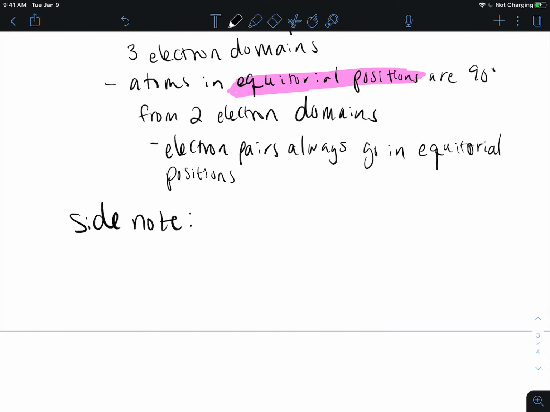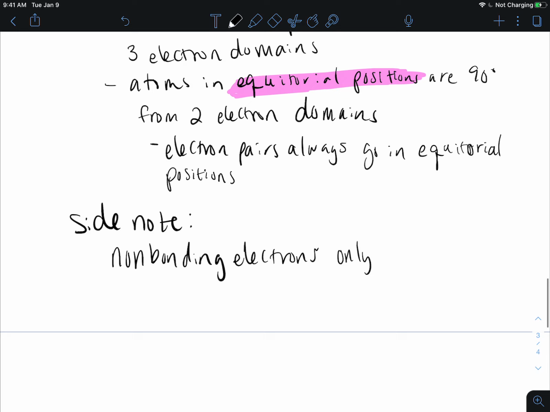So non-bonding electrons only belong to one atom. Okay, so that means that they only feel the nuclear charge from one atom.